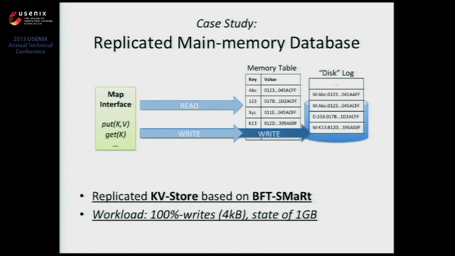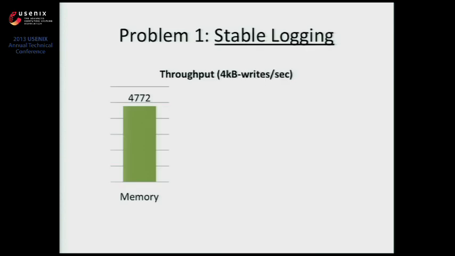Of course, if I have reads, probably the results will be better, but the reads are served from memory, okay? The point here is to understand the amount of writes and what effect these durability techniques will have on the operation that writes something to the disk. And the state we are considering is relatively small, 1 gigabyte.